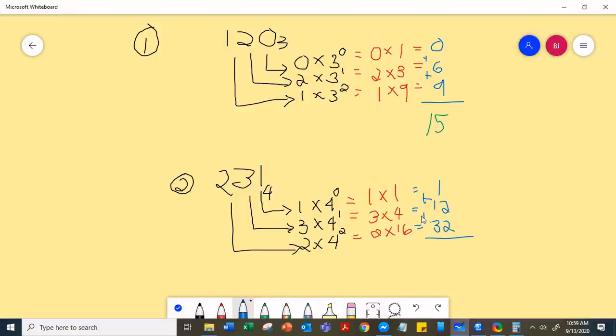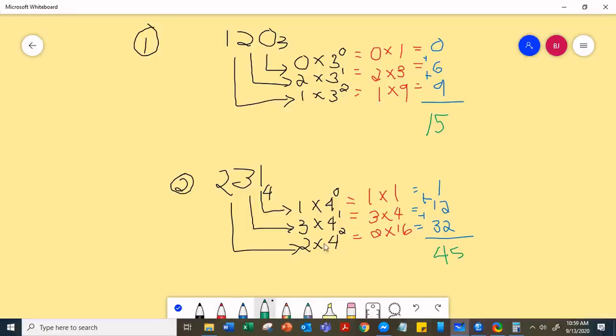As mentioned, we add all of them together. We find the summation. So we now have 45 as the converted number from 231 base 4.